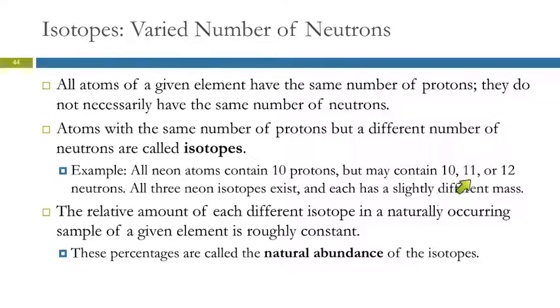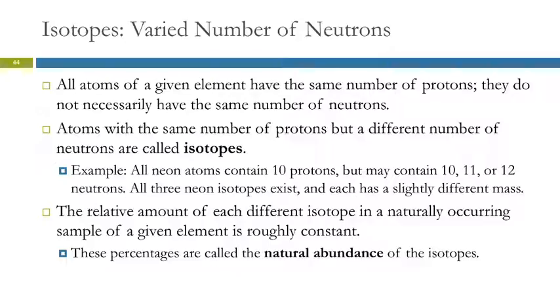Just because there are 3 different isotopes does not mean there's an equal number of each of them. Most elements have one isotope that is more abundant. There's more of that, and then there's just a smaller percentage of the others. The relative amount of each isotope in a naturally occurring sample is relatively constant.